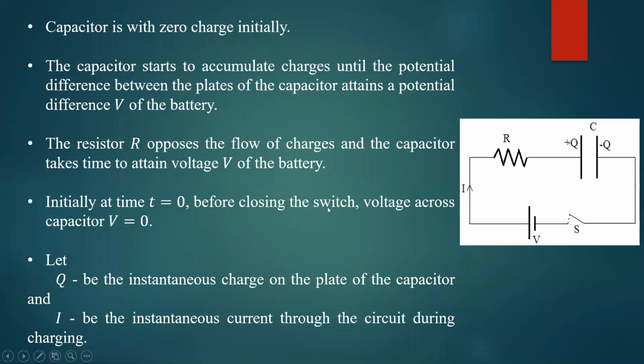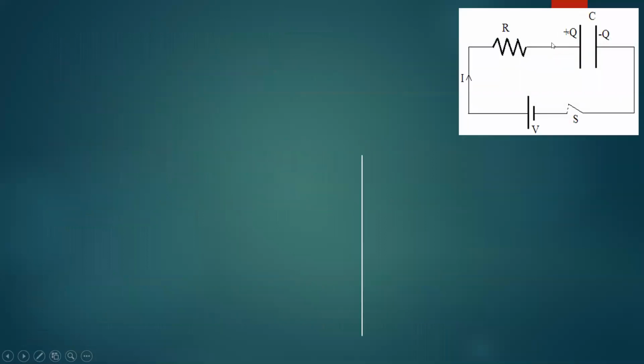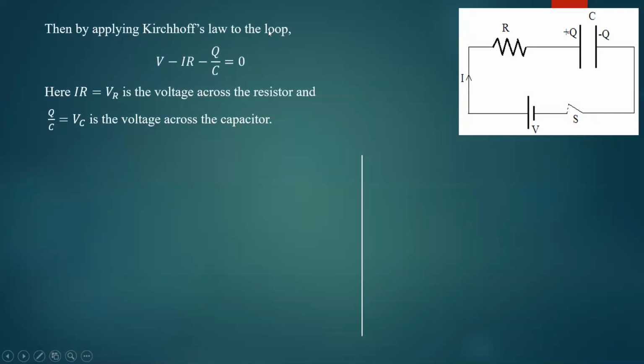Let us find the expression for Q. For that, we have to apply Kirchhoff's voltage law. What are the components? One battery, one resistor, one capacitor. So apply Kirchhoff's voltage law to the loop. Already you know the Kirchhoff's voltage law. According to it, you find the algebraic sum of the IR products and voltage sources.